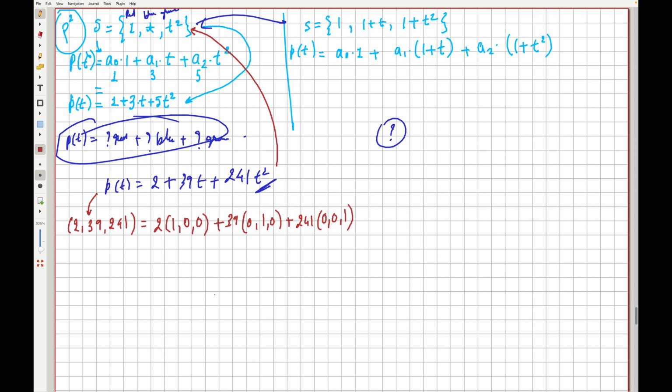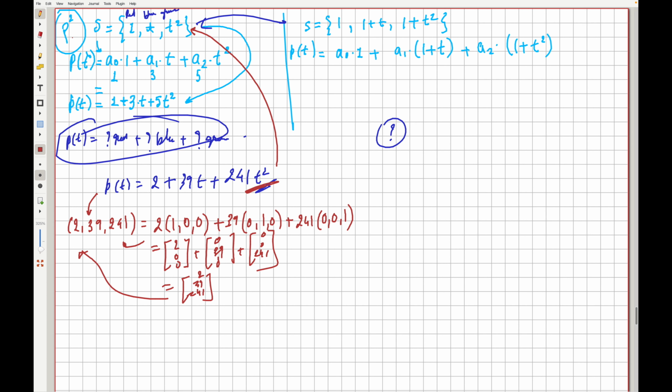When we combine this, we get the vector right here. This is nothing but 2 0 0, then 0 39 0, and then 0 0 241. That's essentially 2, 39, 241, which is written right here. So that's the combination we would have to use to create this particular polynomial.